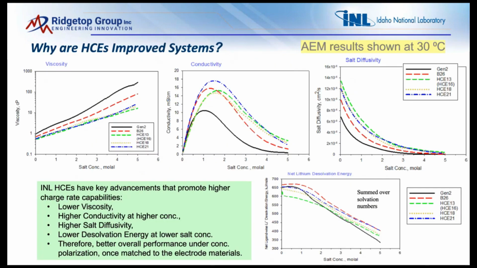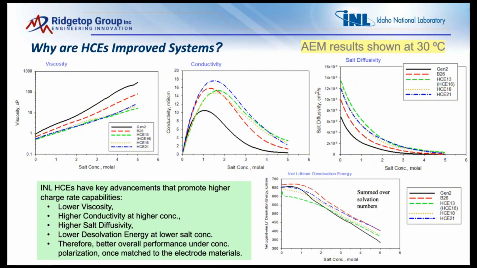This shows what we typically look for when we're running the code and getting the information out for the fast charge electrolytes. We want, of course, to have lowered viscosity. The black here is our baseline, and these other systems are candidates for fast charging. Again, these are envisioned to be used at higher concentrations.